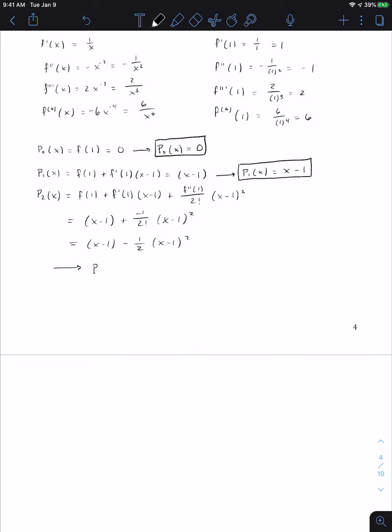So my third polynomial, p sub 2 of x, is equal to x minus 1 minus 1/2 times x minus 1 squared. So that's an even better approximation for my function f of x equals ln of x.